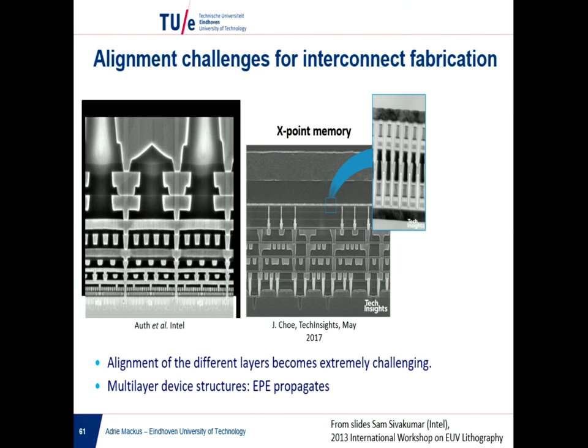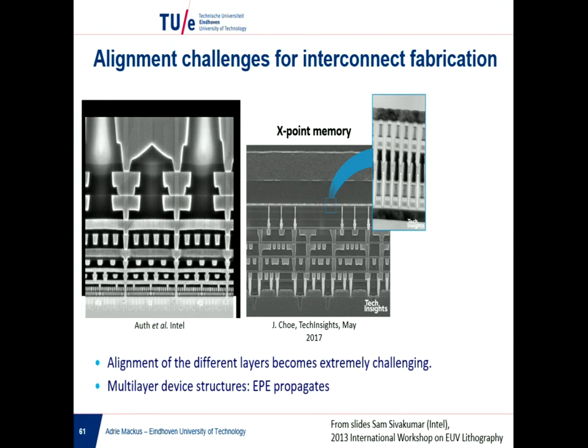Here the devices are wired together, but also to the outside world. You can see that you have something like 10 different layers on top of each other. And in principle, for each layer, you should do lithography, etching, and all those steps that we discussed before. So each time, for each new layer, you have to think about the alignment relative to the layer below it.